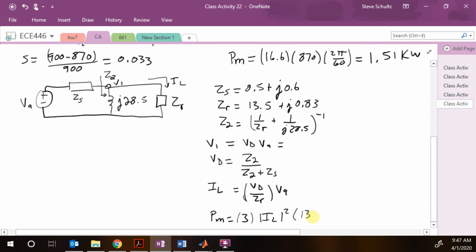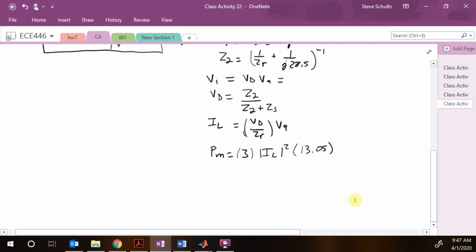So this is going to be the voltage divider divided by ZR, magnitude squared, times VA, times 13.05.